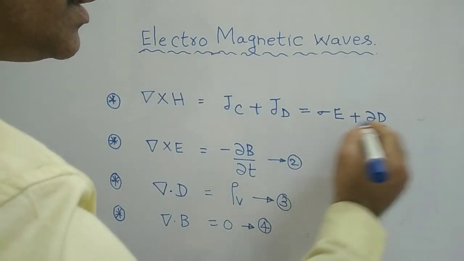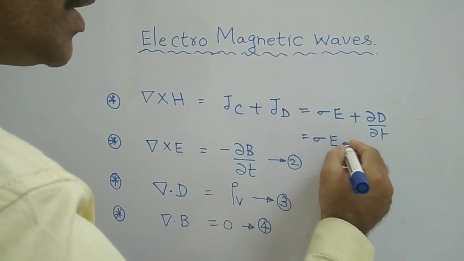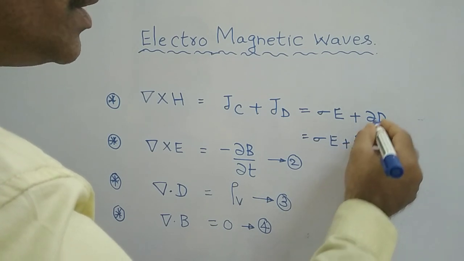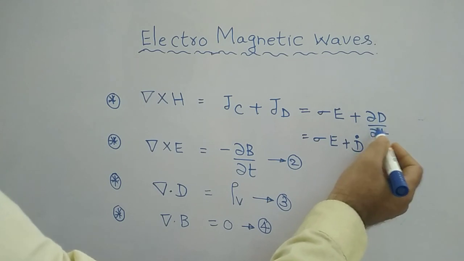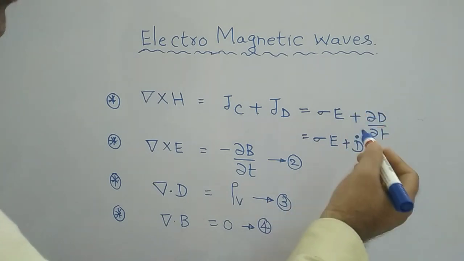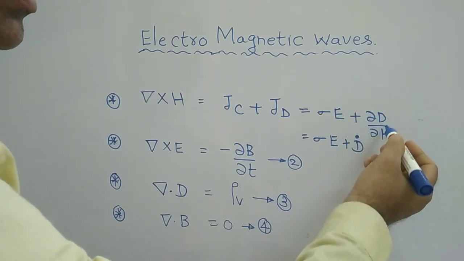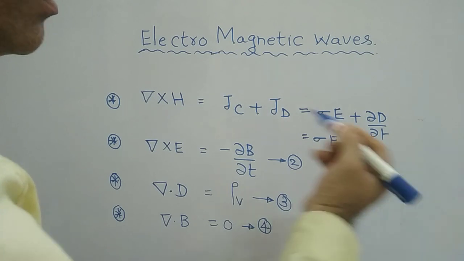Further, this can be written as sigma E plus D dot. Dou by dou T of D is nothing but the first derivative, the first derivative of electric flux density D. That is denoted by D dot.